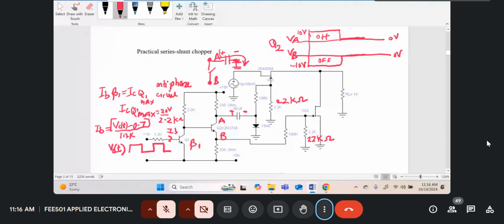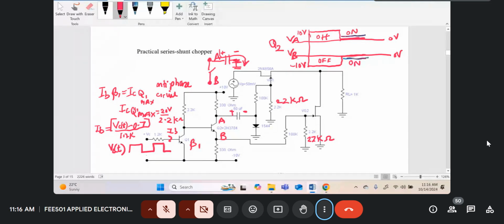I've not drawn it, but let me change the colors. Maybe it becomes this point over here. So it will be 0 volts. So this corresponds to the transistor being on.